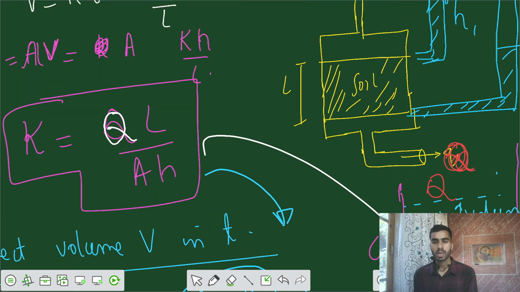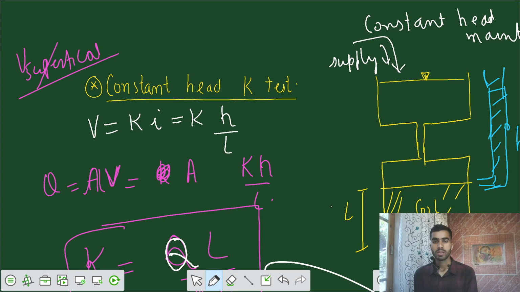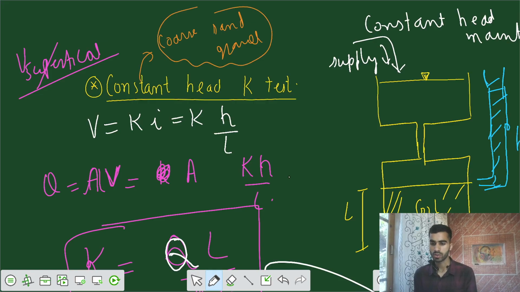We are performing this test for soils that are highly pervious, such as coarse sand and gravel. For those kinds of soils, we are going to use the constant head permeability test, because permeability is more.